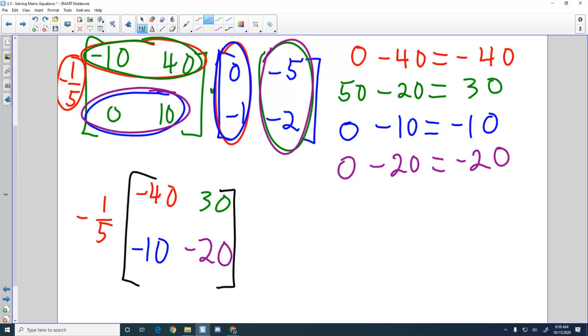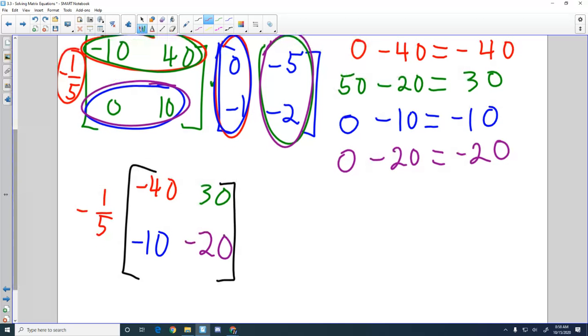So when you're solving the matrix equations, keep that number out in front until the very last step right here. So now I'm just going to divide every term by -5. So that's going to be a +8, -6, 2, and 4.